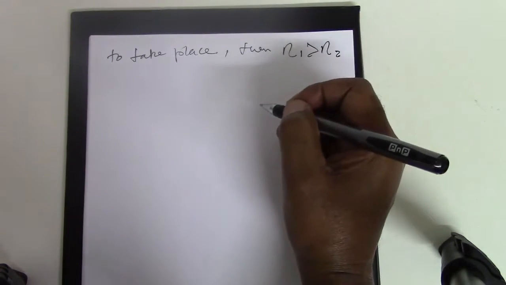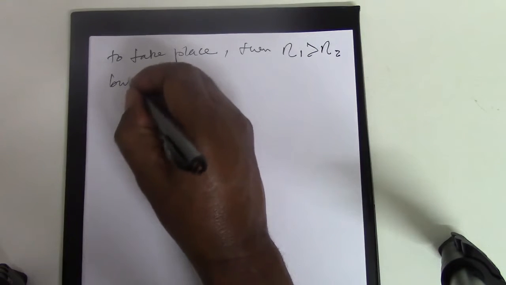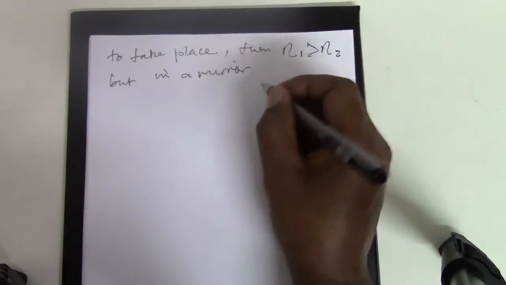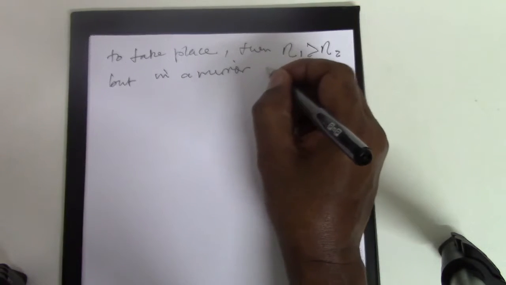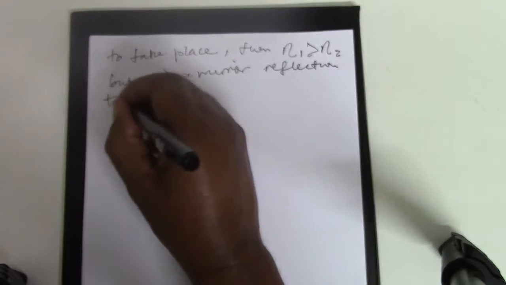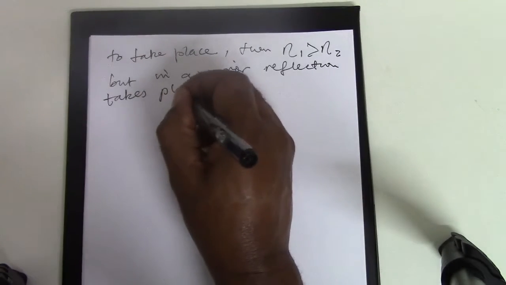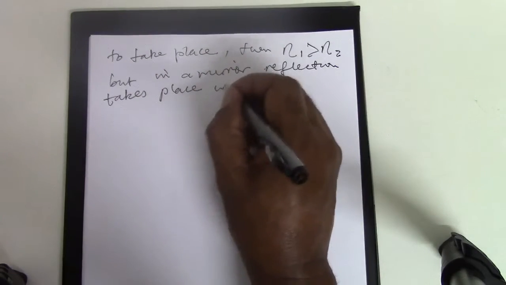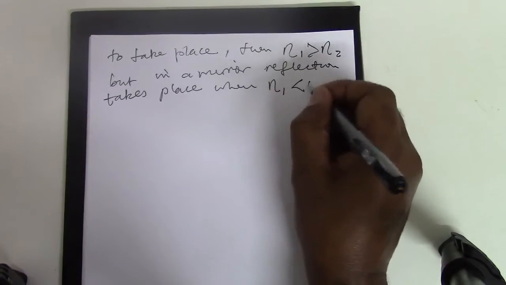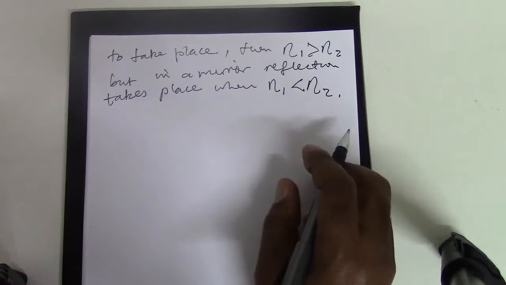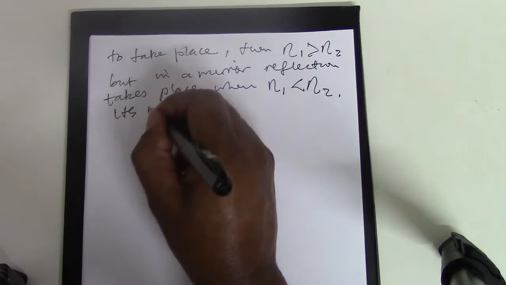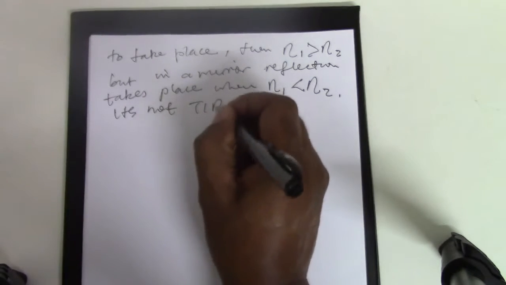Remember that. But in a mirror, reflection takes place when mu1 is less than mu2. So it's not TIR. It's not TIR.